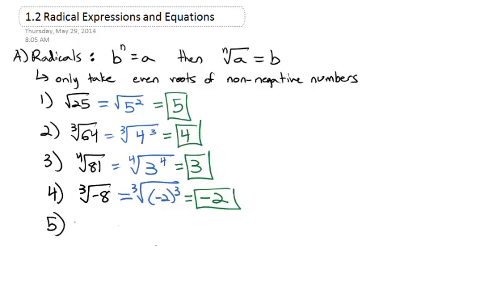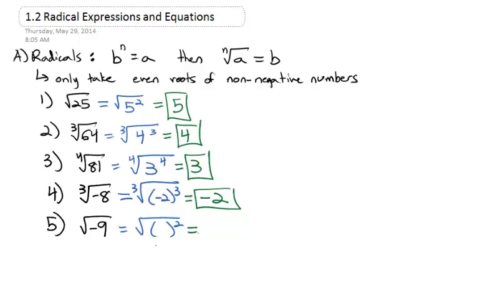However, if the index is even, say we're just taking the square root of -9, we have no way to write this as the square root of something squared. Because whenever we square it, we'll always end up with a positive number. We'll never end up with that -9.